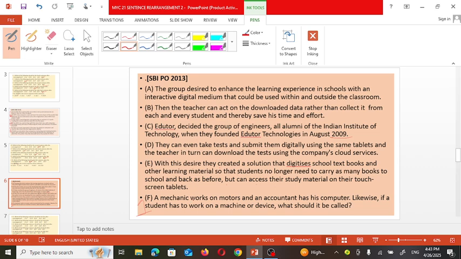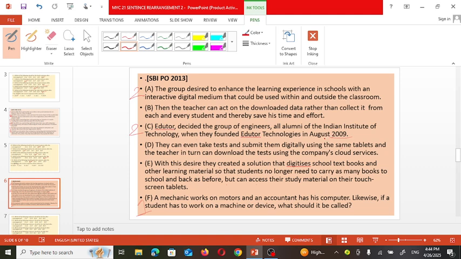Now after F means how to start this discussion. So A statement, sorry, not A. I think here after F, yes, C. This can be the second sentence. Editor decided the group of engineers, all alumni of Indian Institute of Technology, when they founded Editor Technologies in August 2009.